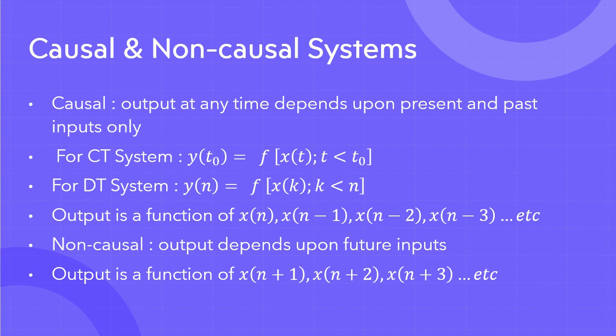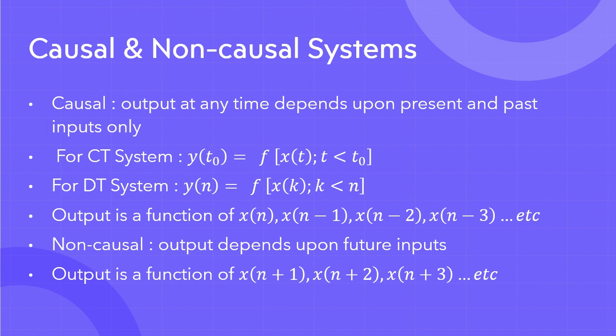So all practical systems are causal systems. The non-causal system in practicality does not exist, but in theory it does. Okay, so all causal systems are physically realizable. And again, the non-causal are physically not realizable.